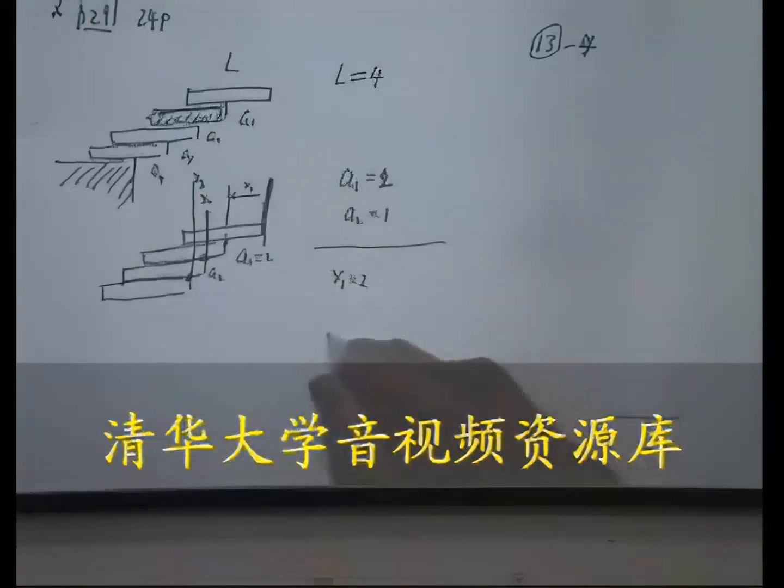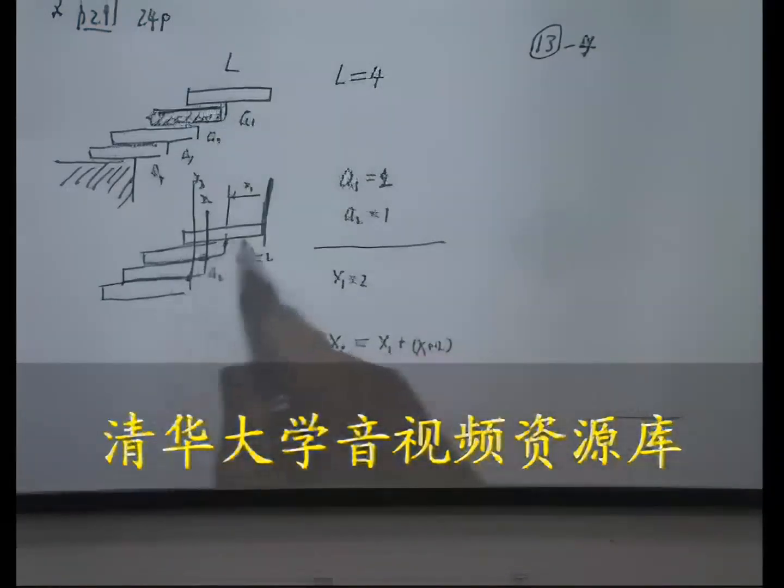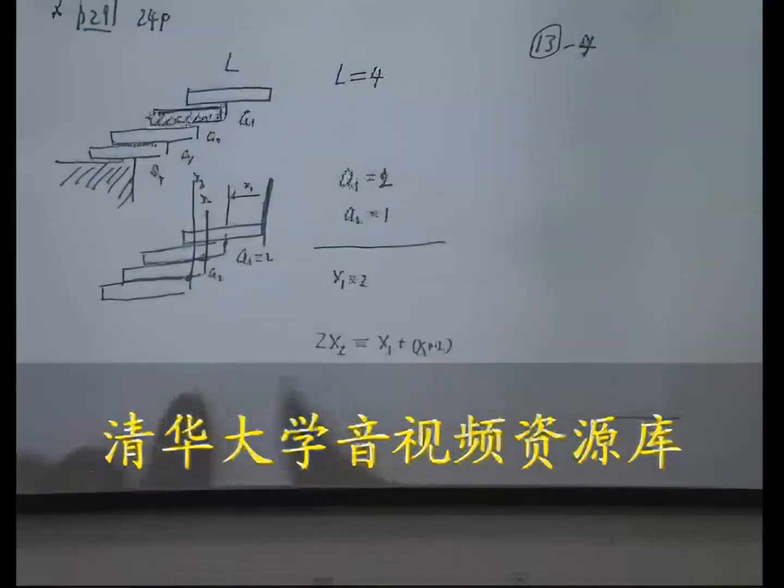By definition, 2x2, we assume each block to weigh exactly 1, so the top two should be equal to the sum of mi xi. I'm calculating this point, the center of mass of the top two blocks.